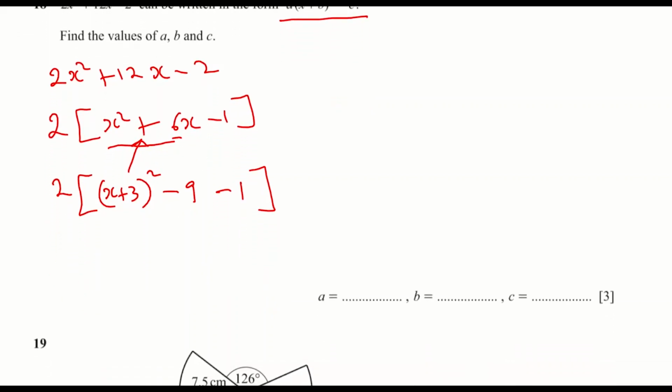We have 2 into x plus 3 all squared, then minus 10. If you expand the bracket now, this will be 2 into x plus 3 squared. 2 times negative 10 will be minus 20.